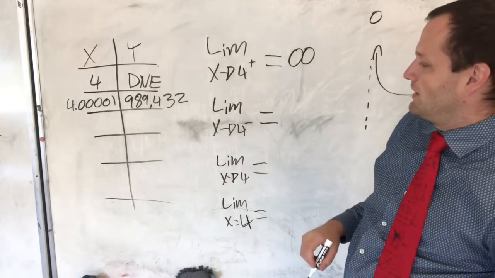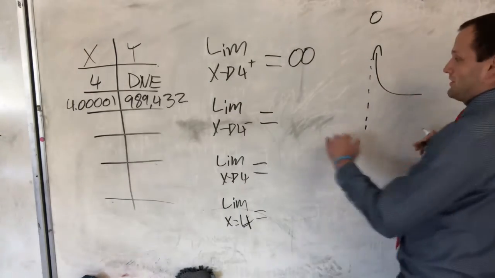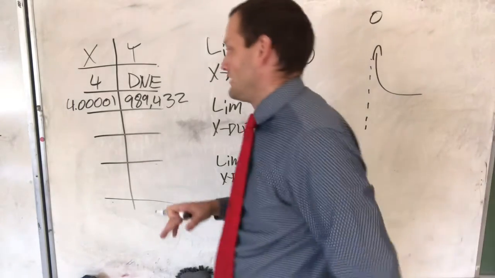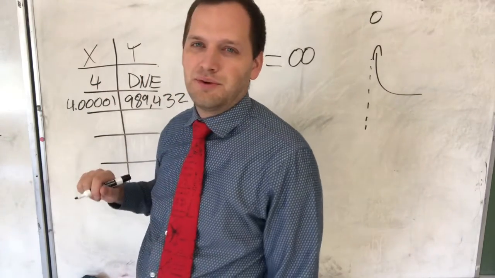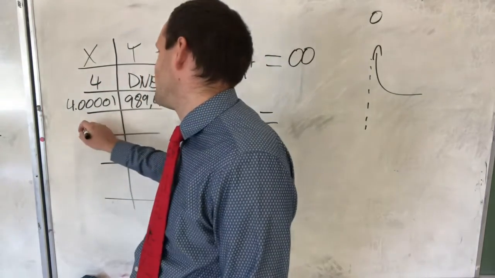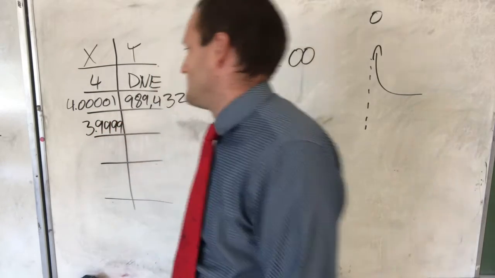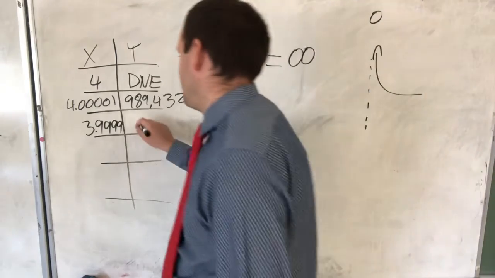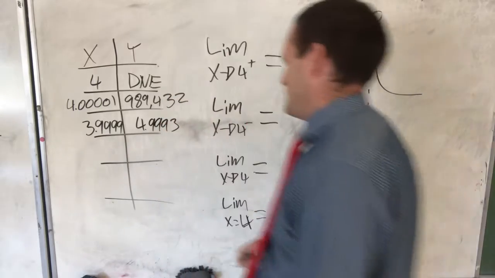Let's think about where it's going from the negative side. If there's an asymptote, it's either going to go up or it's going to go down. Let's find out. So let's plug in what would be a little bit less than 4, 3.9. Put a bunch of 9s on there, get it really, really close to 4, and all of a sudden it pulls up 4.9993.